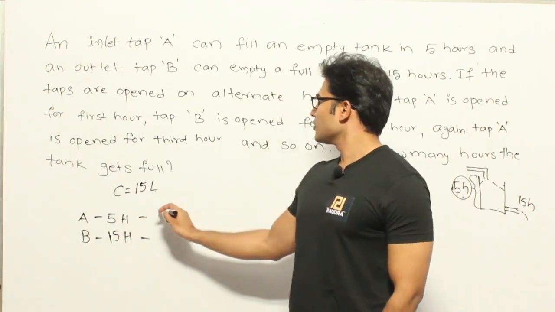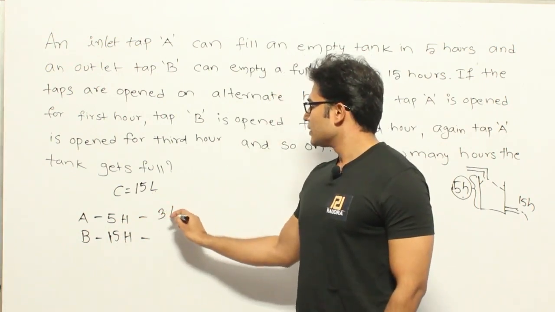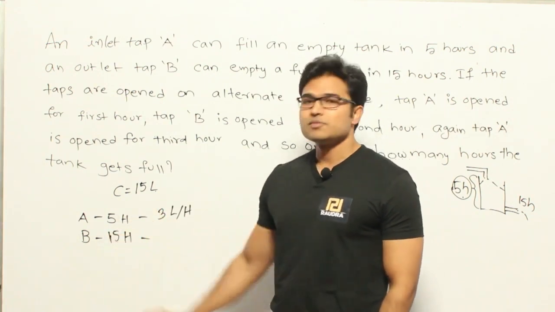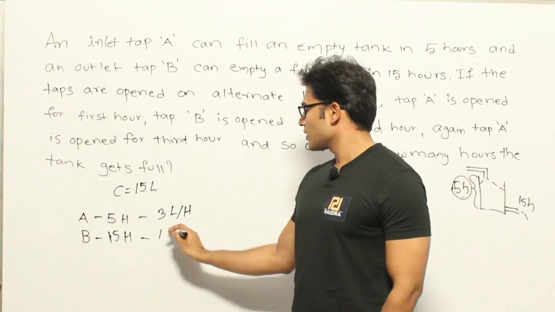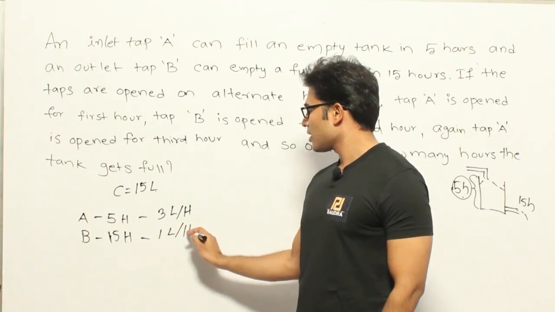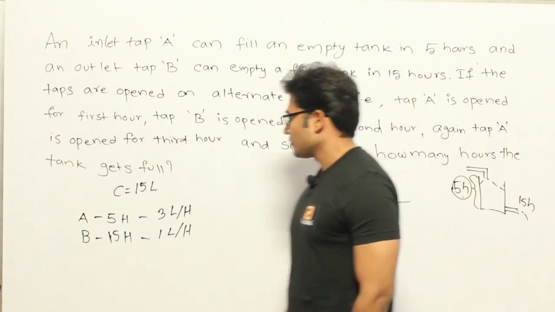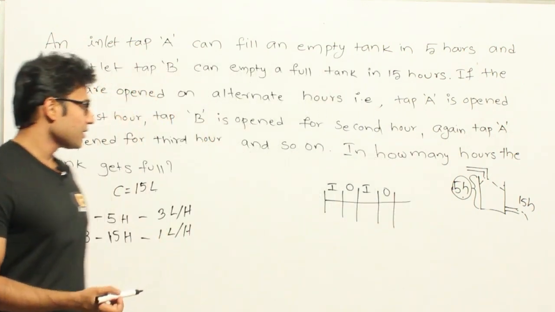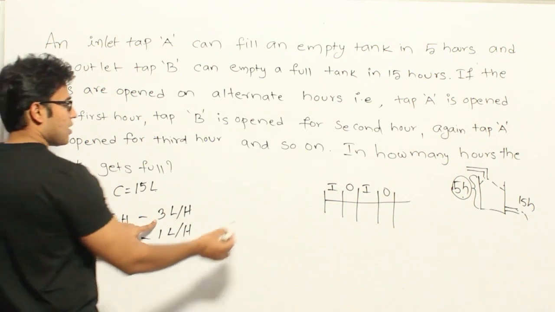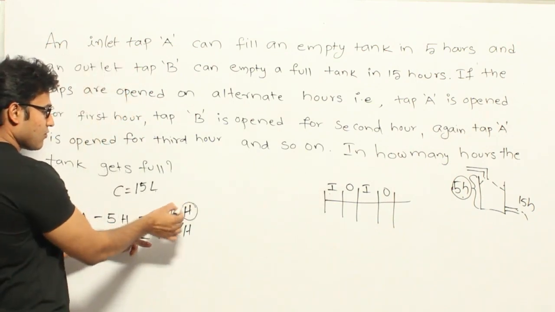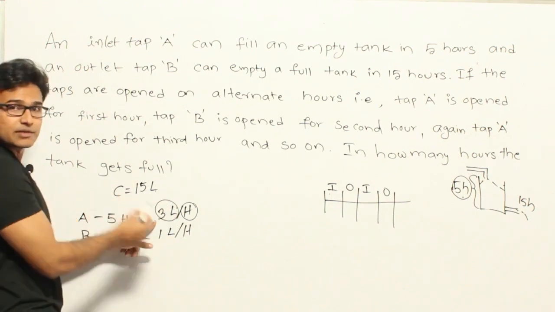Now what is the rate at which A is filling? A is filling at a rate of 3 liters per hour. And B is emptying at a rate of 1 liter per hour. Now they are saying that for the first hour the inlet is open, so in the first hour we will be filling the tank with 3 liters.